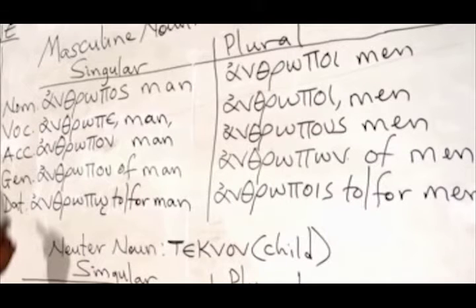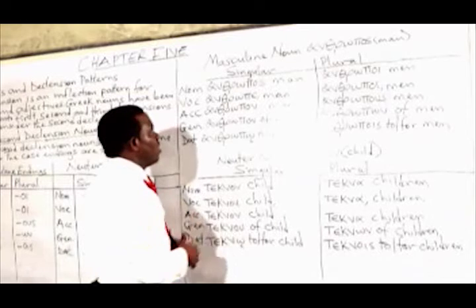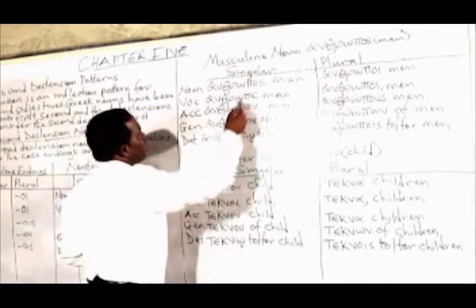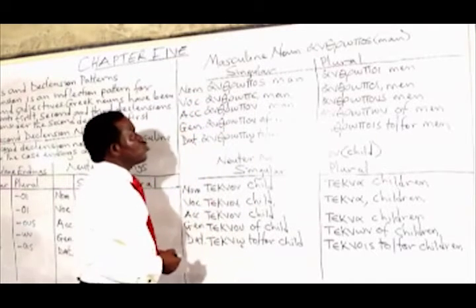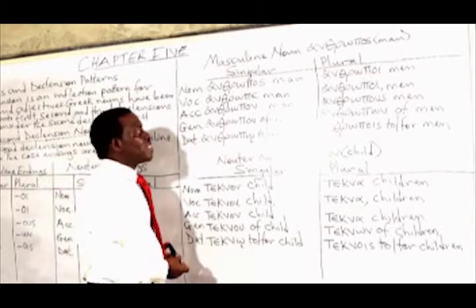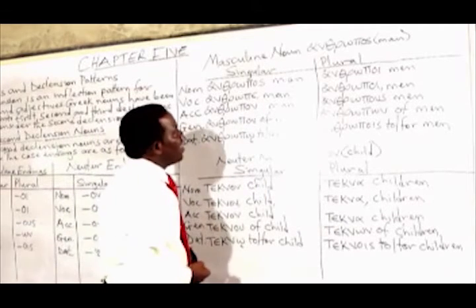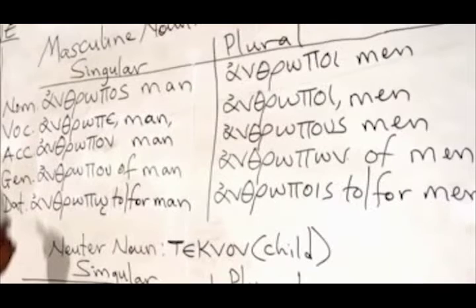We look at the masculine noun anthropos first. The word anthropos means man, and we want to look at how the endings are used with this word to show different functions of the noun. The first one is nominative singular. We have anthropos. It means man. In the plural, it is anthropoi.